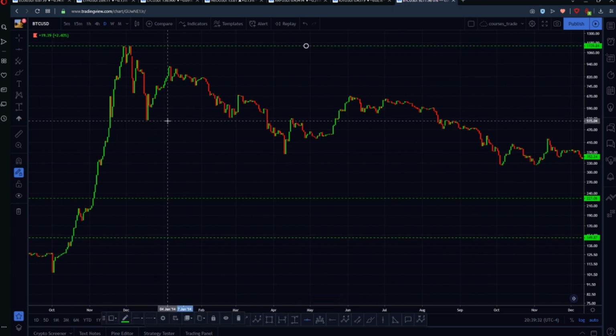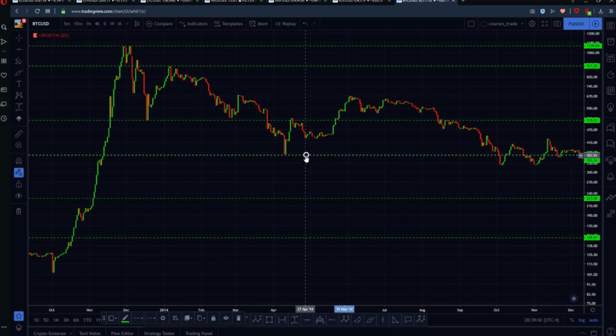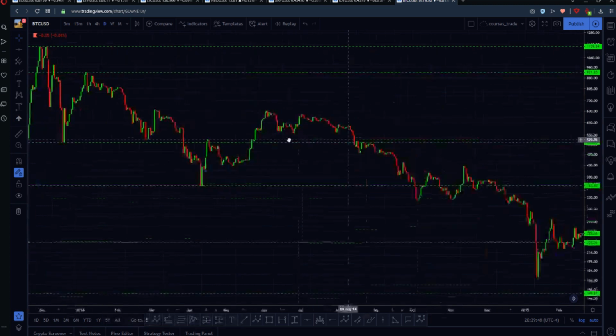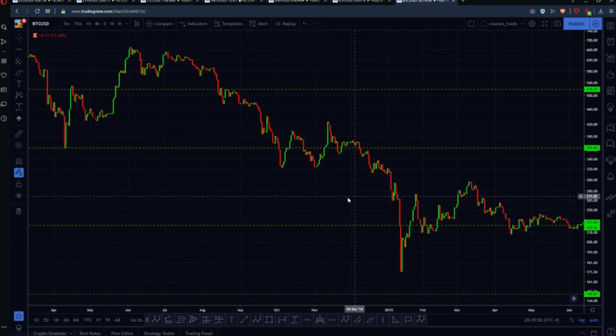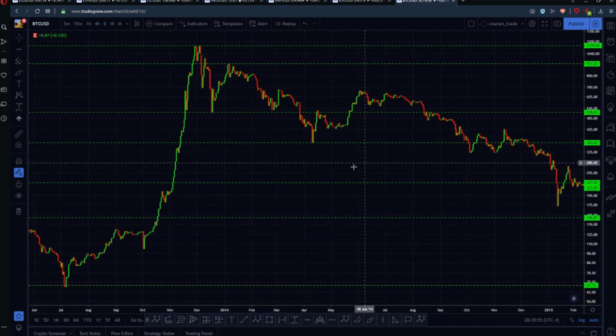Previous high, that's a low. Okay, that's a high. That's a lot of lines for a chart. Definitely a lot of lines for sure. Okay, there you go. That was a bear market, right? Okay, good. So you have this on the way up now.